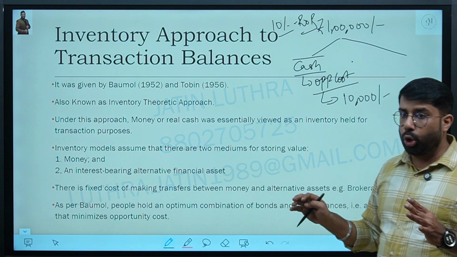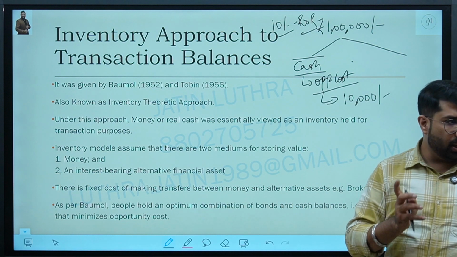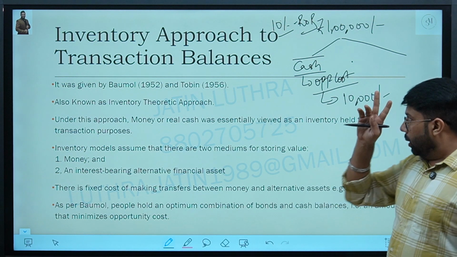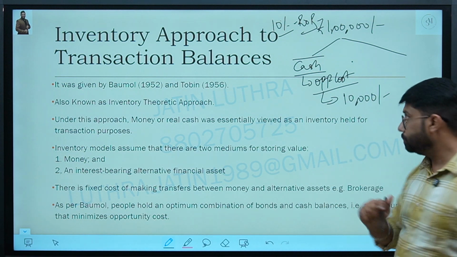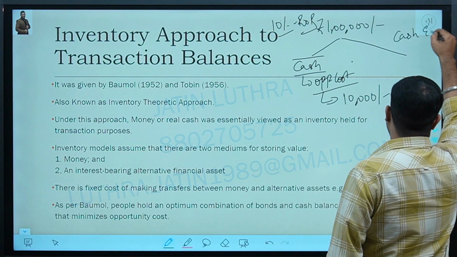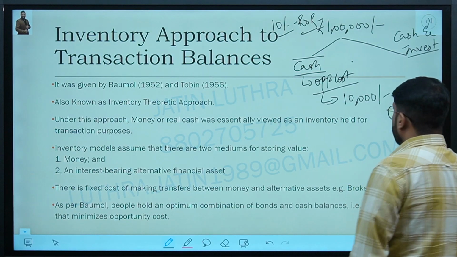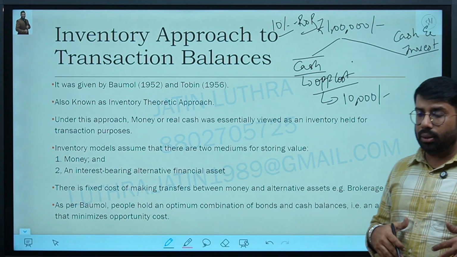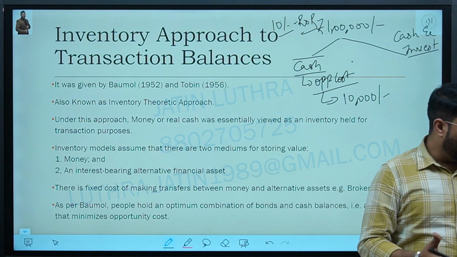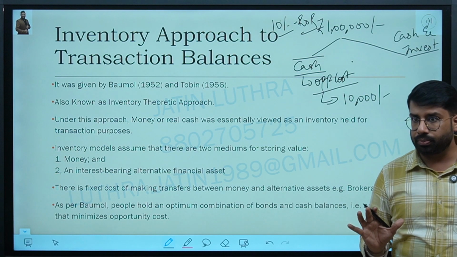According to Baumol, we not only keep cash, we keep cash and investment both. Correct? How do we decide it? The second option is cash and investment. I will look at my consumption expenditure, meaning how much money out of 1 lakh I have to consume.